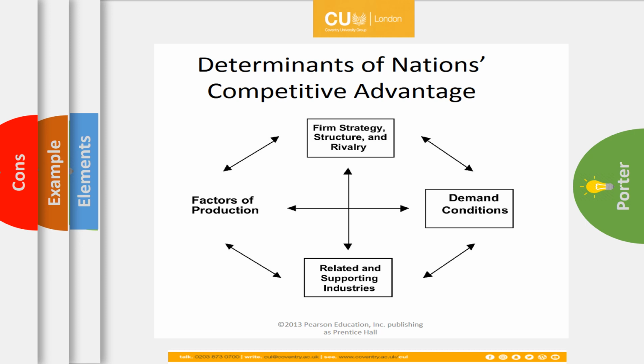These things are all interrelated, and these determinants, 6 in total, 4 seen, are not independent but dependent upon each other, and they all work together to give a business or industry a competitive advantage.